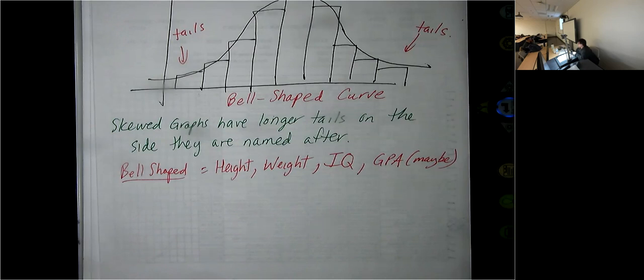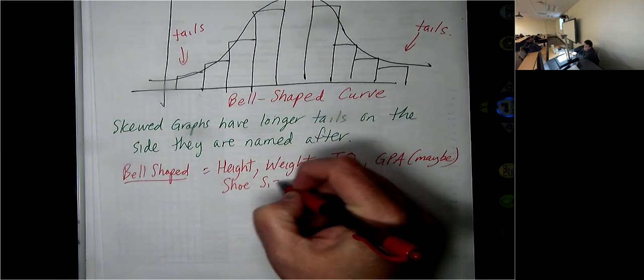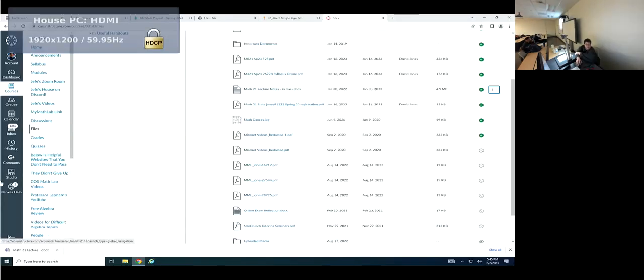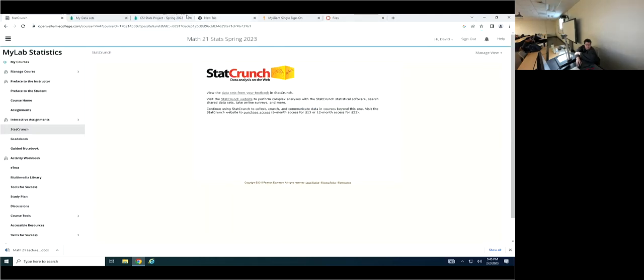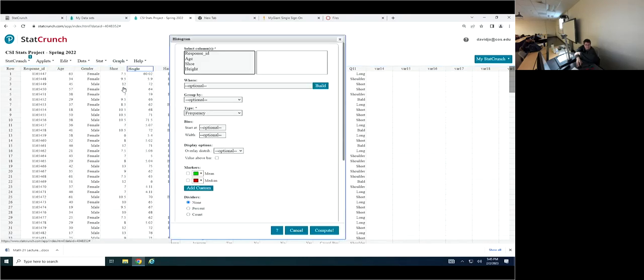Anything else you guys can think of? What about shoe size? I think that's a good one. In fact, let's check it. I've got shoe size data right here on the screen. So I'm going to do a histogram on shoe size.